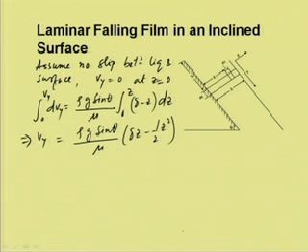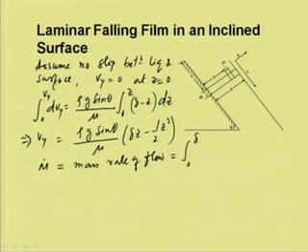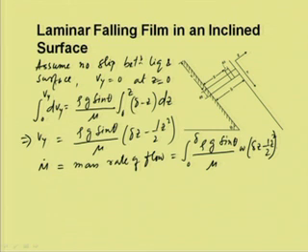So, the mass rate of flow of the liquid down the surface, if we define m dash, is equal to integral 0 to delta of rho g sin theta divided by mu into w, delta z minus half z square, rho dz.